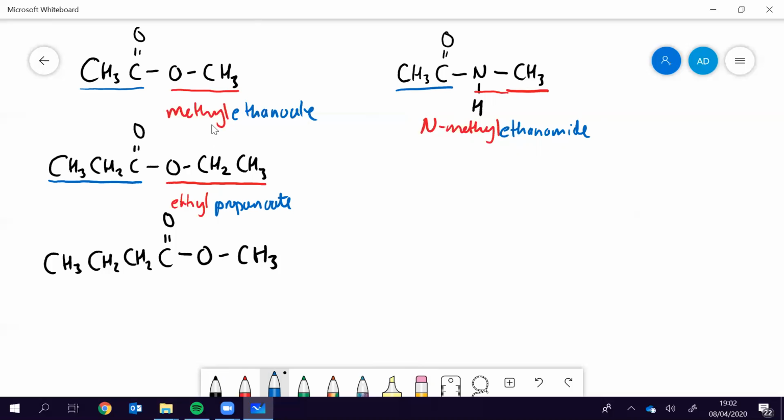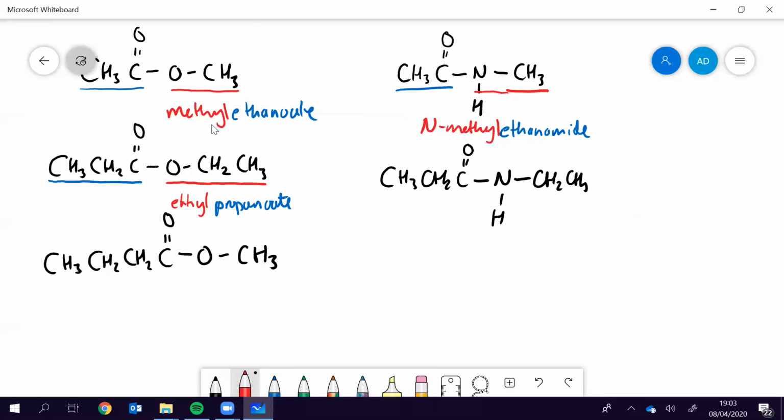And the corresponding N-substituted amide would be CH3, CH2, C double bond O. Get rid of that oxygen, replace it with a nitrogen, and then we'd have CH2, CH3.